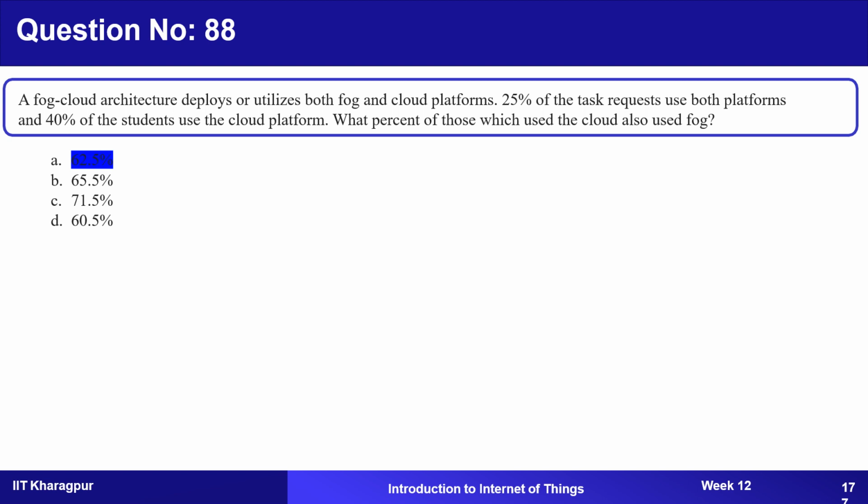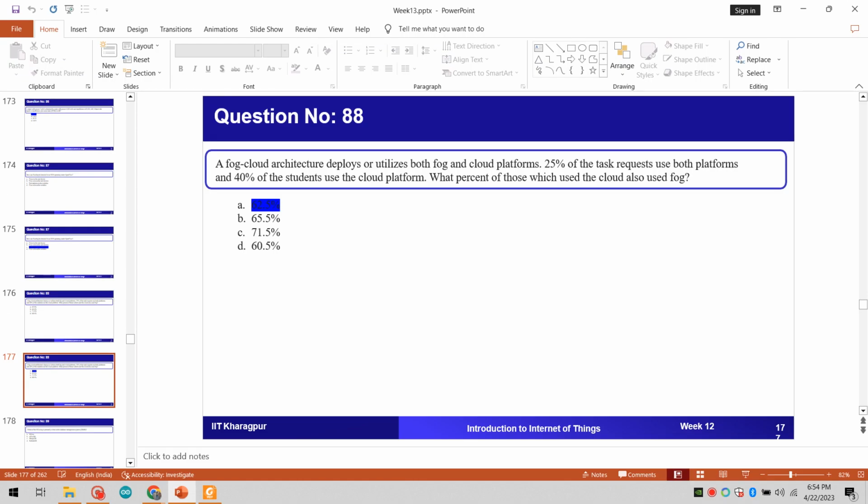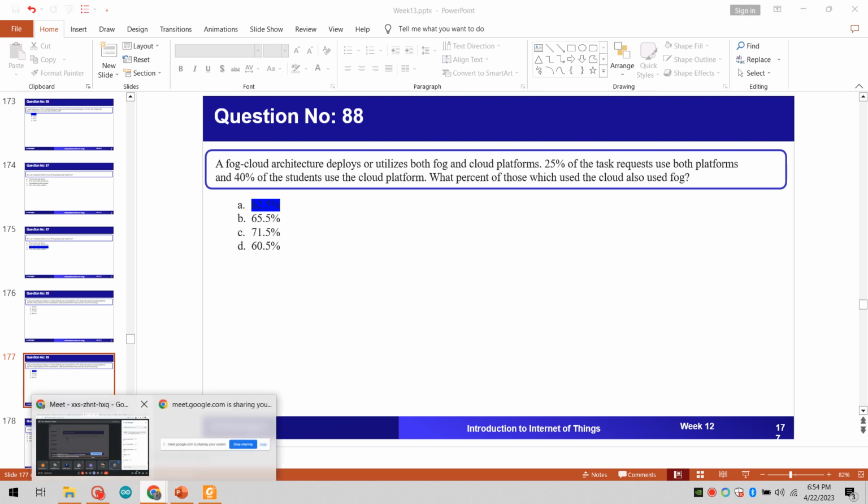Now the intersection is asked, you have to calculate the intersection part. Wait, I think there is some missing parameter because fog users are not given here. That's why I'm not convinced with 62.5 as the answer. Give me 2 minutes. I'll check.